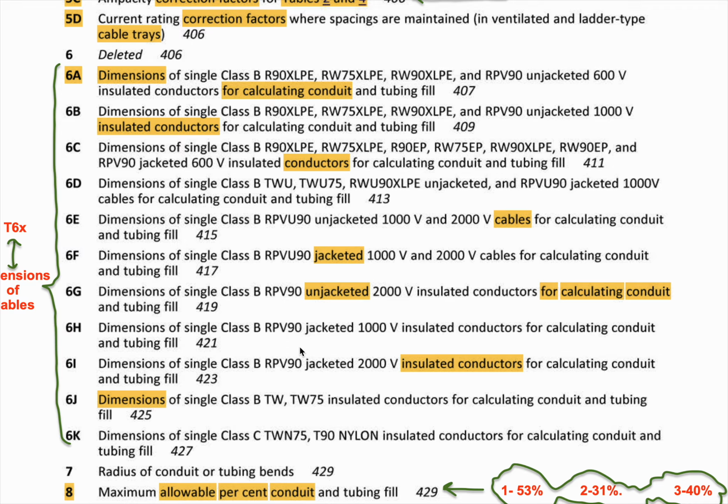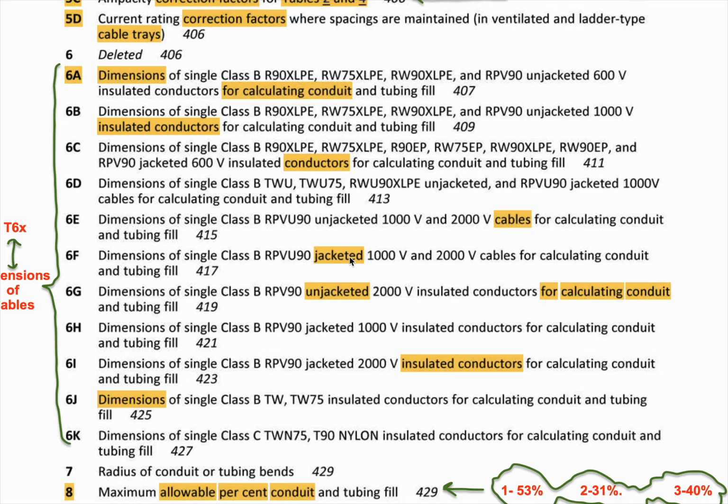So what are these? The different names of table 6 exist because of the different types of cables.